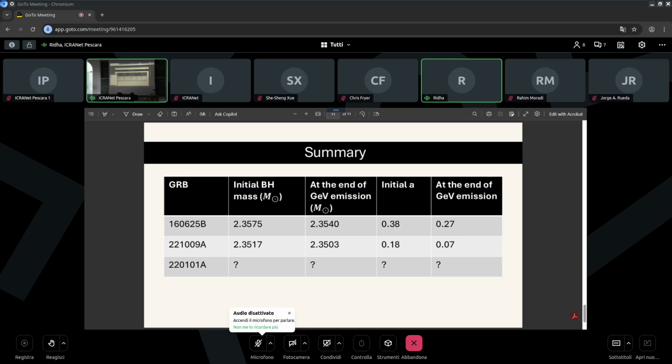And therefore, the formulas are precisely the ones used in the paper. It's valid for all of them.